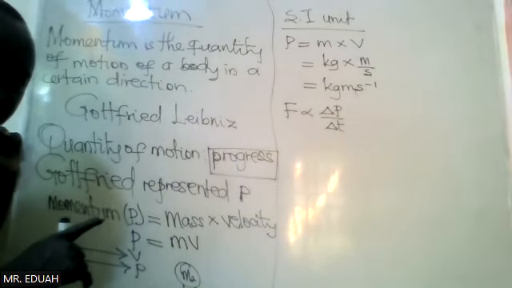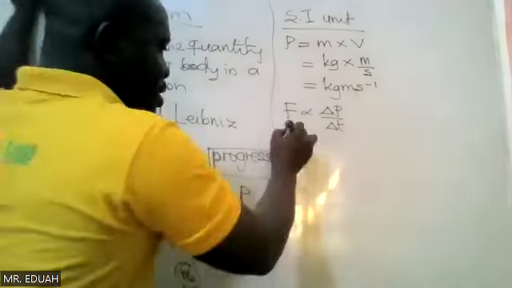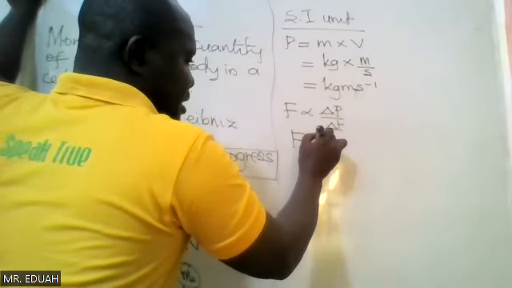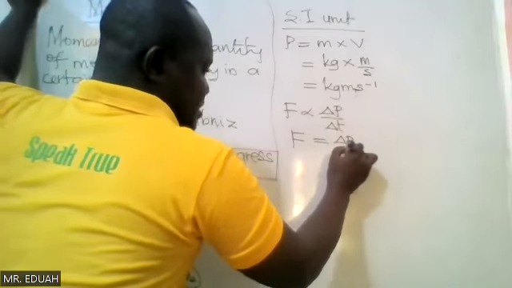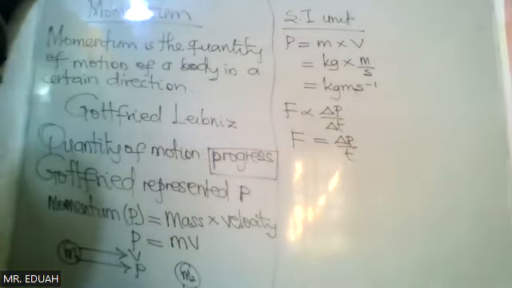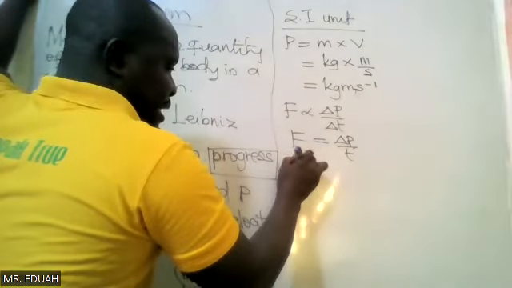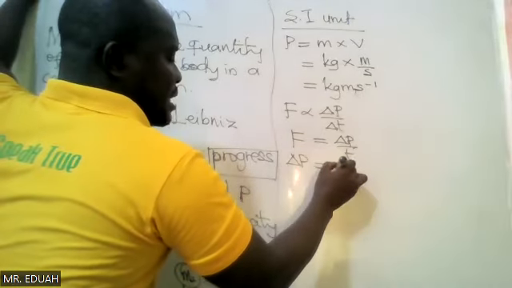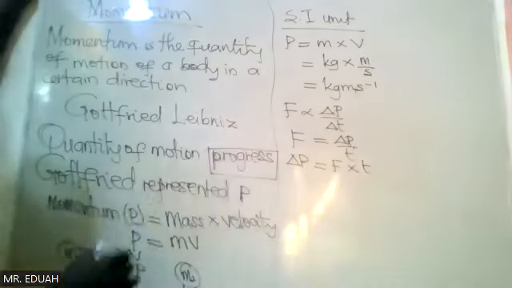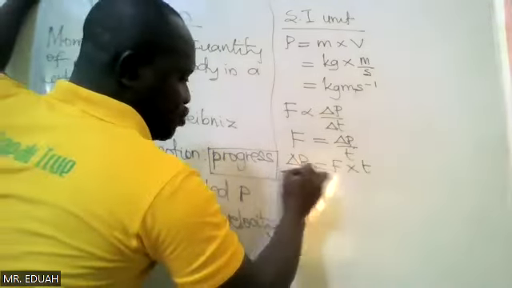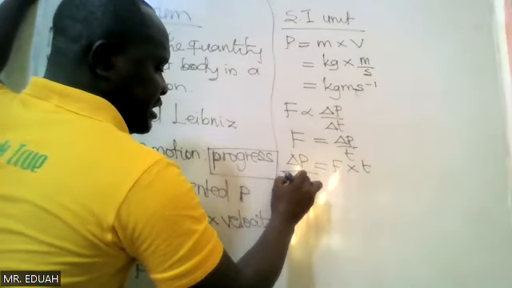Newton's second law of motion: F is equal to delta P over t. If we make delta P the subject, we have force times time. This is change in momentum.